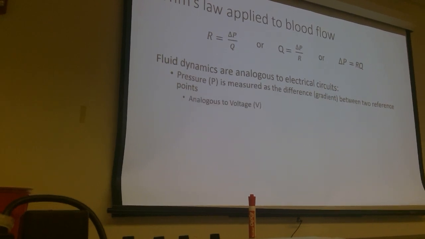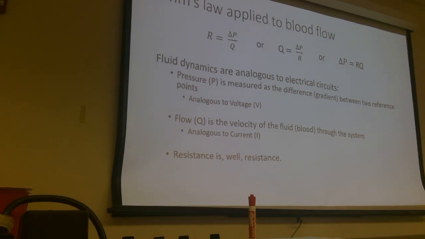That's basically the same idea as voltage, right? The electrical potential difference is voltage. This is our pressure differential. Same idea. Flow, the velocity of our fluid and the volume of that fluid moving through the system, is the same idea as the current.